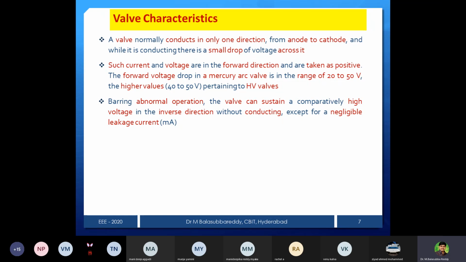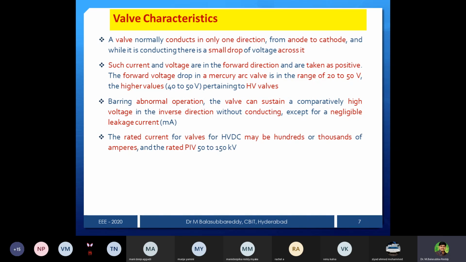So under abnormal operation the device has to withstand the reverse voltage without conducting, except for very small leakage. That also, based on junction 1 and junction 3, there is a small leakage current, which is another problem here. The rated current of HVDC valves may be hundreds or thousands of amperes, because a normal thyristor can withstand up to 3 kilo amperes.